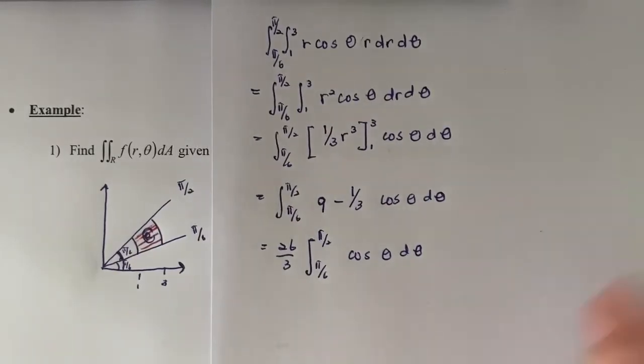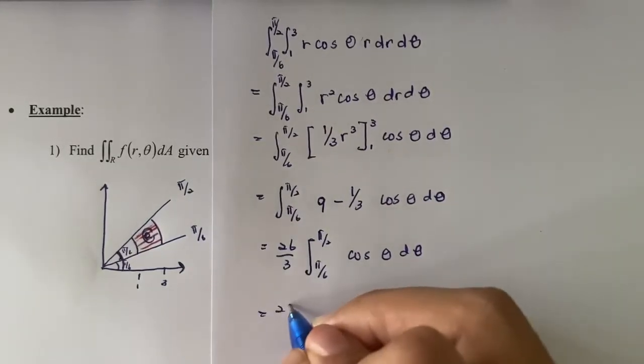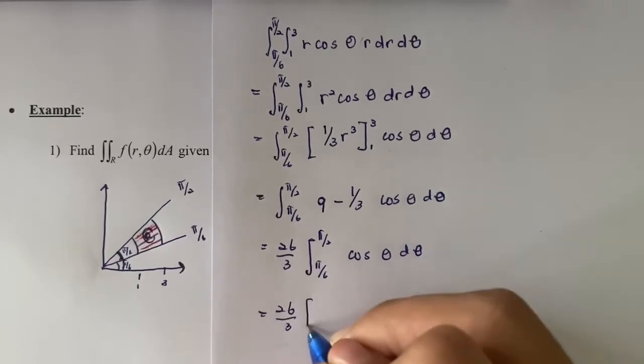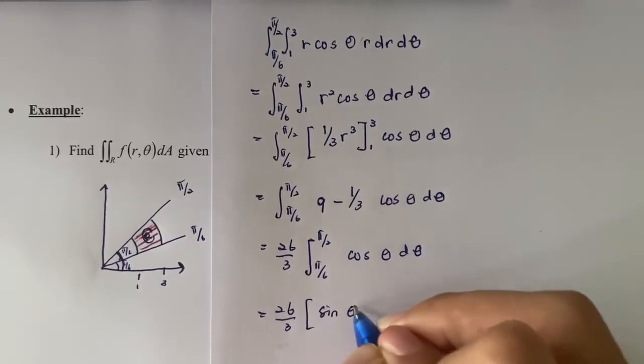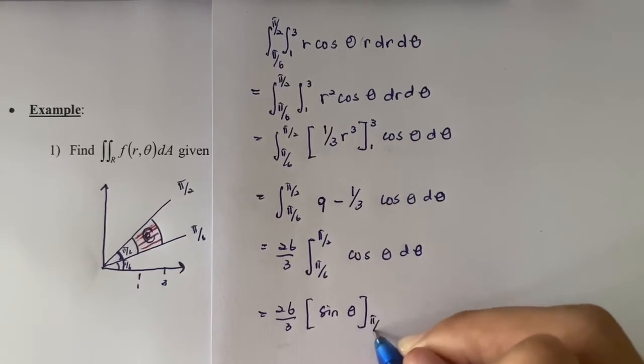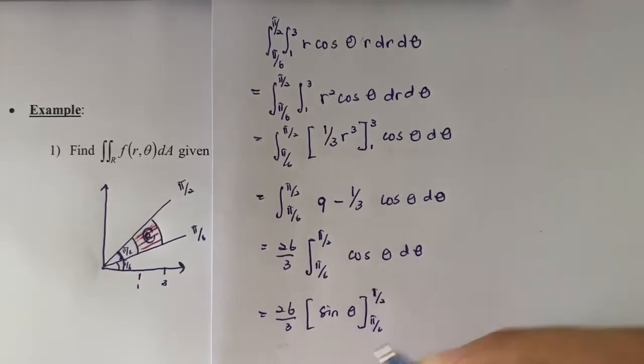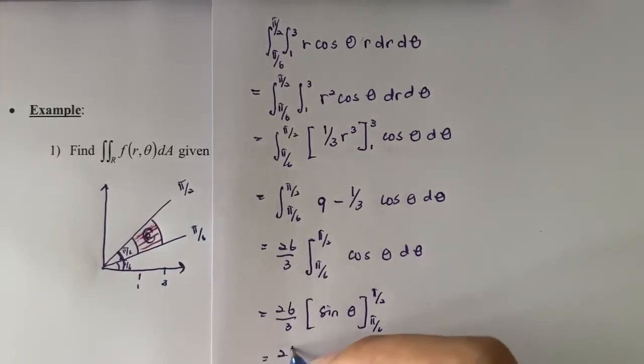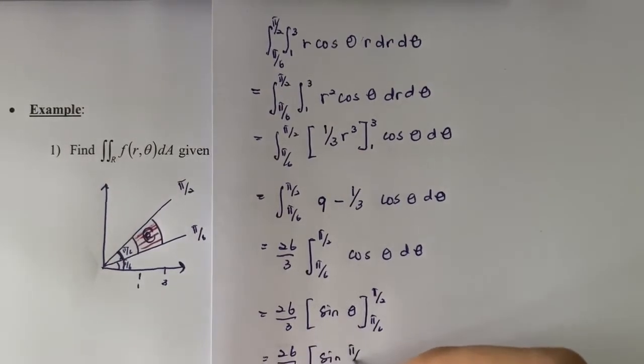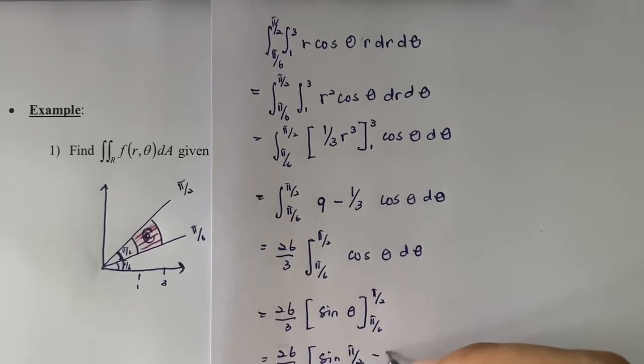Integrate cos theta, we have positive sine theta. So sine theta from pi over 6 to pi over 2. Substitute the value for theta. We have sine pi over 2 minus sine pi over 6.